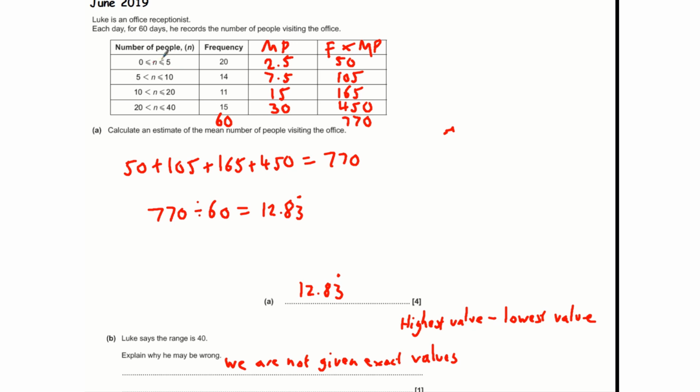It could be either one. So we're not actually given an exact value. You could give an example where we have a highest value of 30 and a lowest value of, say, 0, take away 0, and that would equal 30. So because we're not given exact values, you can't say that the range is 40 every single time, but if we were given exact values, then we could find this out.